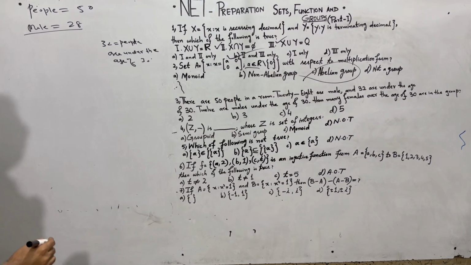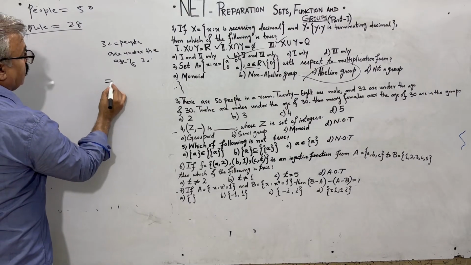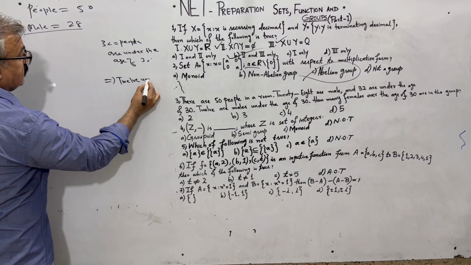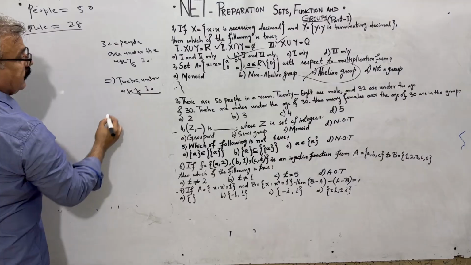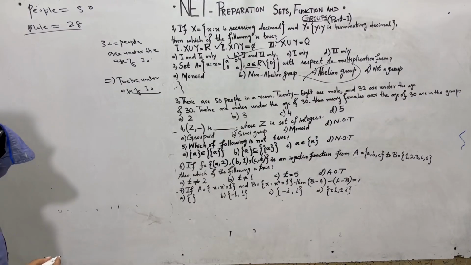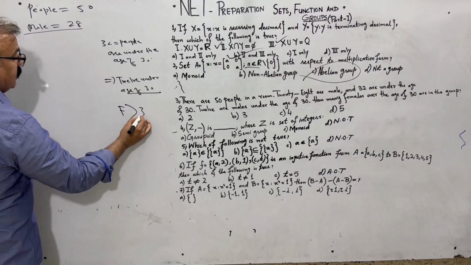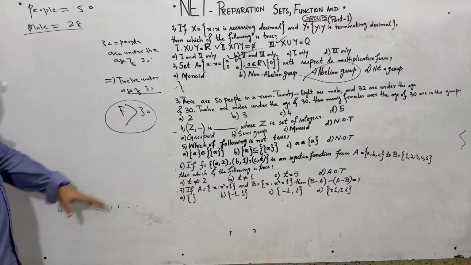Okay, cool. 12 are males under the age of 30. And then we are asked how many females are over the age of 30. We have to find the females over 30.